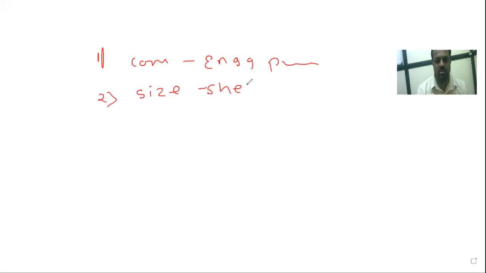Which points have we covered? We have covered the conventional representation for the engineering materials. Then we also studied the different sizes for the sheets.